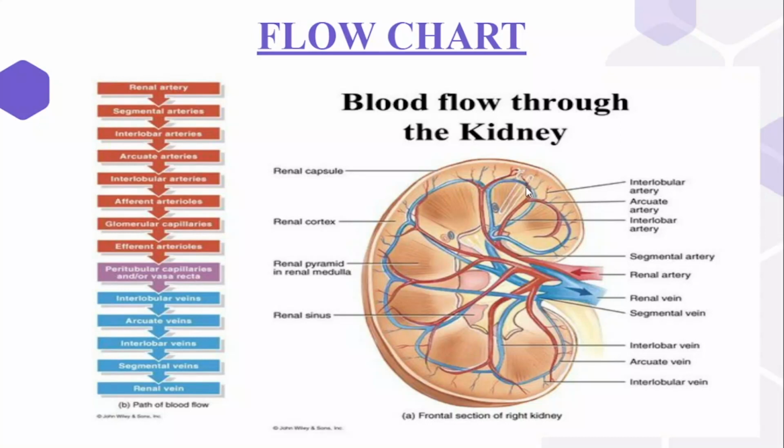Then the vasa recta is further converted into the interlobular vein, right? Interlobular vein. This is the blue structure, you can easily see. The blue structure is called the vein, the interlobular vein. Then it's further converted into the arcuate vein, then the interlobar vein, then the segmental vein, and then the renal vein. Your blood is drained into the renal vein, and then the renal vein is further converted into the inferior vena cava. This is the overview of the blood flow through your kidneys, right? Hope you will understand.